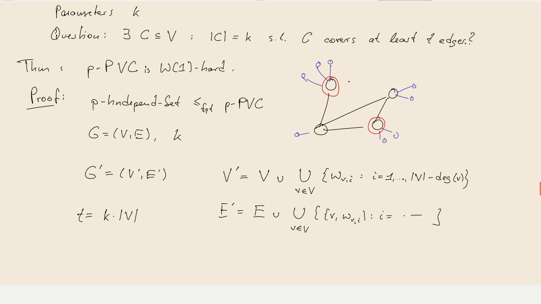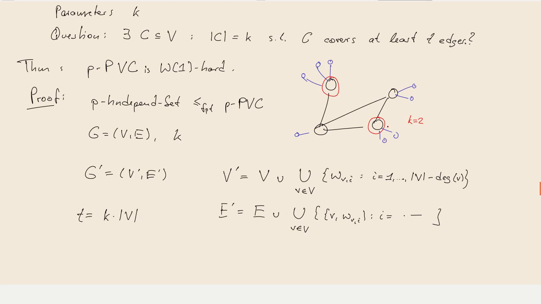Then this covers the maximal number of edges. The size is exactly the same, so here k is 2, right? Say it's a yes instance. Then we cover k times 4 edges.